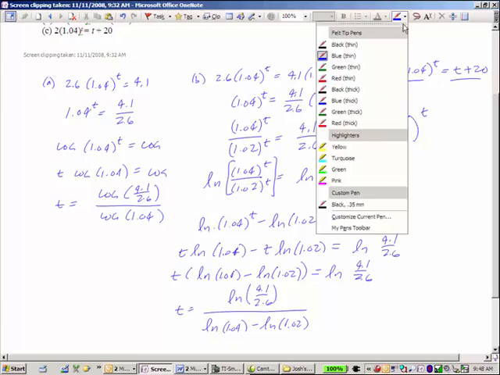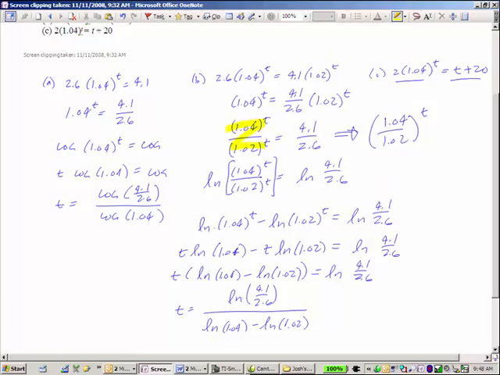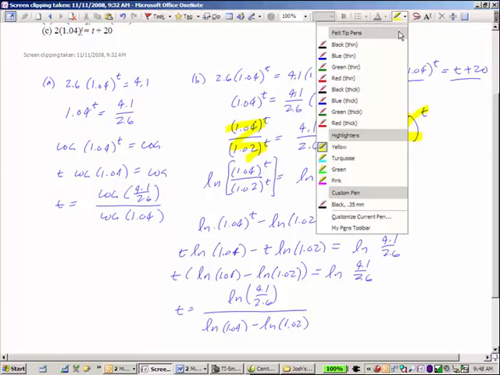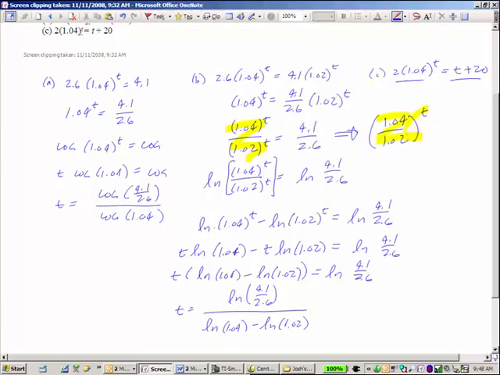This piece is the same as this piece. And you could have done that and then taken the natural log of both sides, and you would have had t times the natural log of 1.04 over 1.02 is equal to the natural log of 4.1 over 2.6.